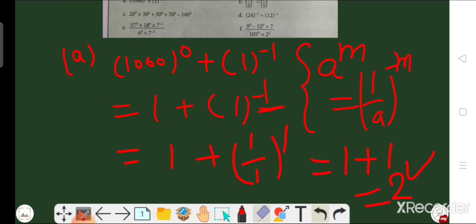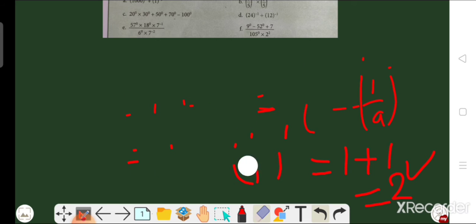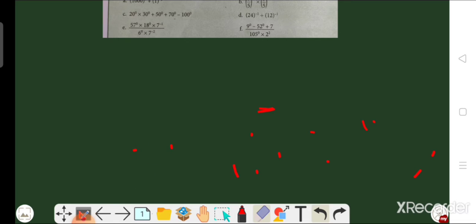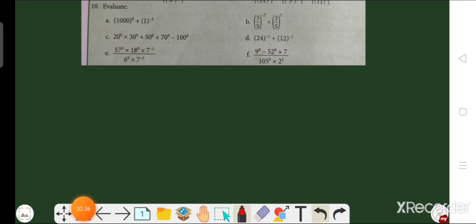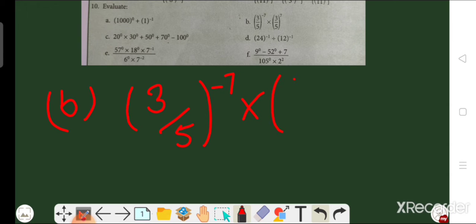Okay, now we will take one more example. B part. In the B part we have 3 by 5 raised to the power minus 7 multiplied by 3 by 5 raised to the power 7.